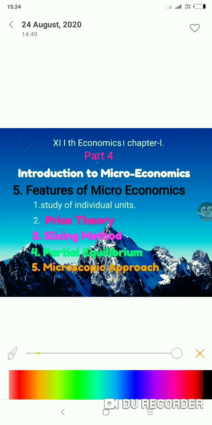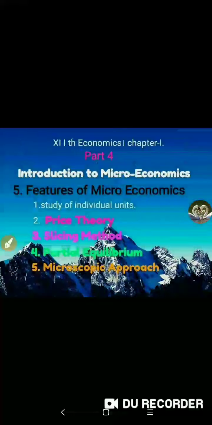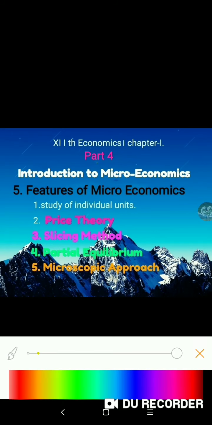Fifth point, macroscopic approach. Microeconomics is the microscopic study of the economy.